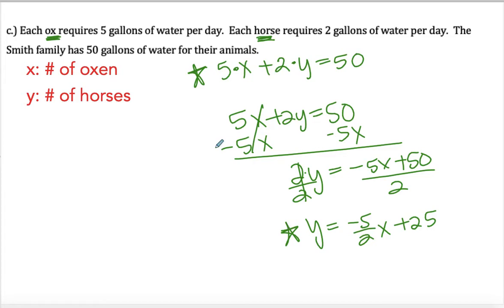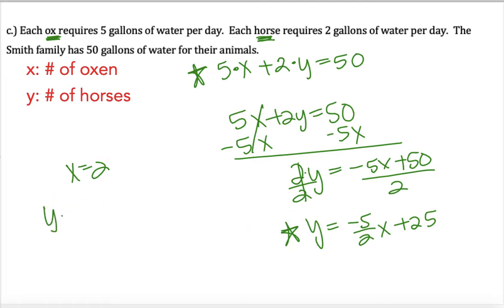And this is a situation where they did not give us an ordered pair, so we're going to say, okay, if x equals 2, what's the value of y? So I can write a point slope equation for this situation. We have y by itself already, and that's what we're trying to solve for, so use that equation.